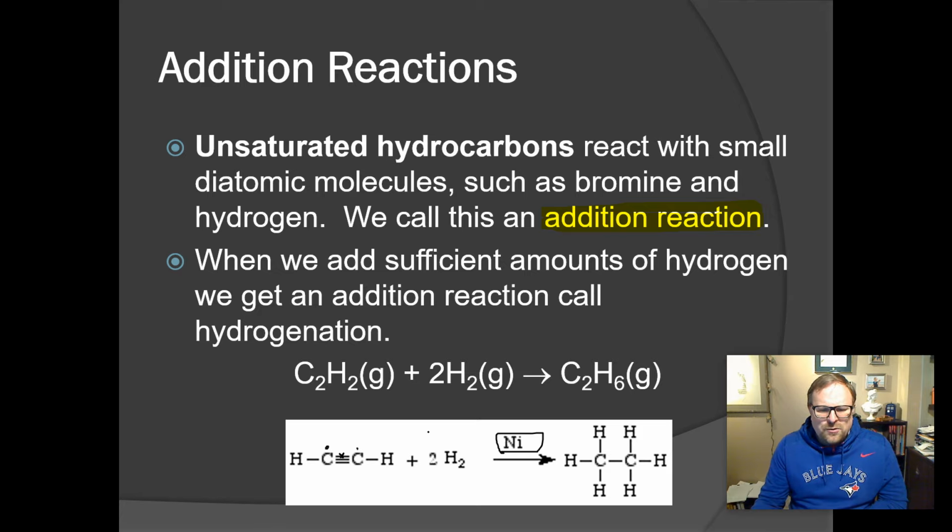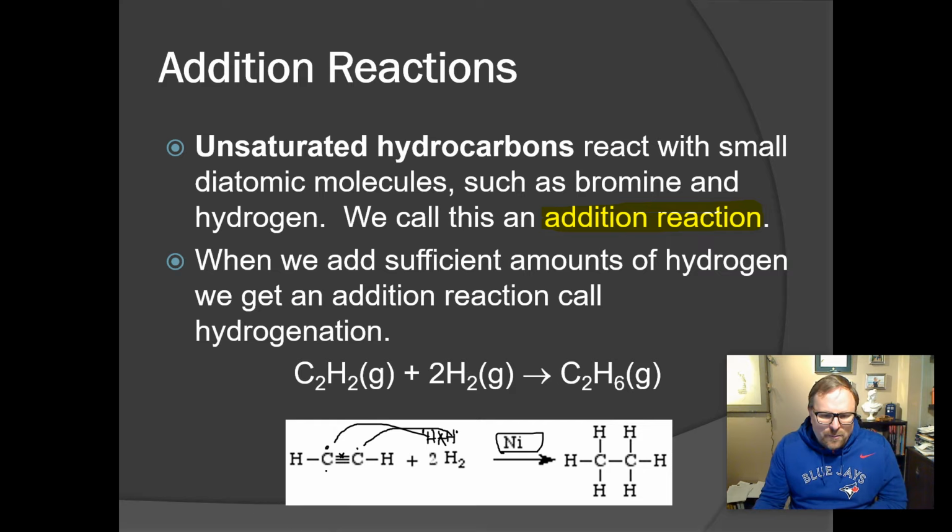In the first run through of this, the bond between the two hydrogens is broken, also freeing up a bonding electron on each of those. And so this hydrogen goes and attaches on that bonding electron, this hydrogen goes and attaches on that bonding electron, and we've created ethene from ethyne.